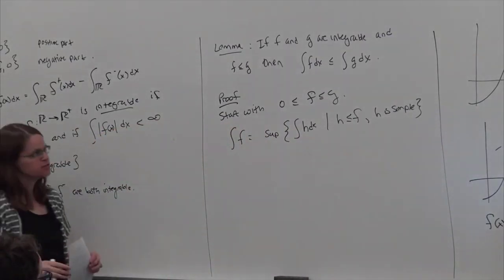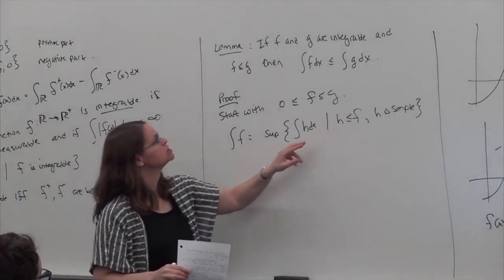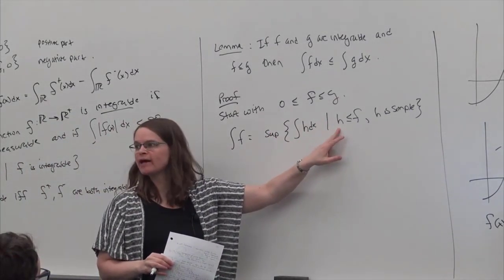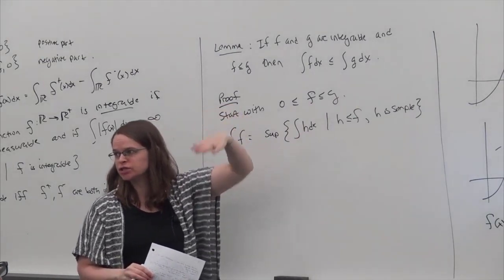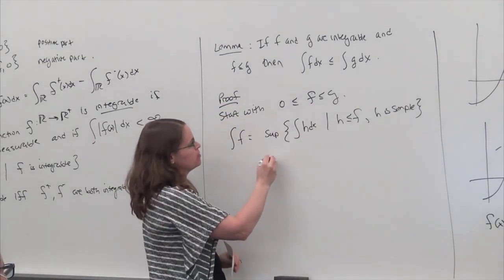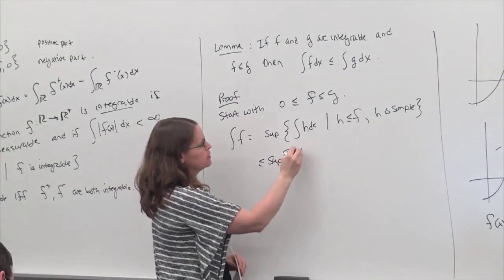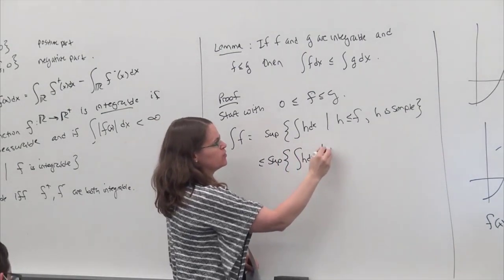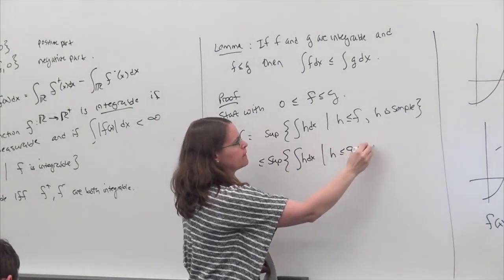I can enlarge this set by considering simple functions that are allowed to maybe reach past f and reach all the way up to g. So this is going to be less than or equal to the supremum of the integral of simple functions that are less than or equal to g.